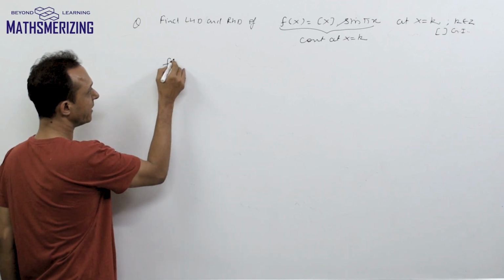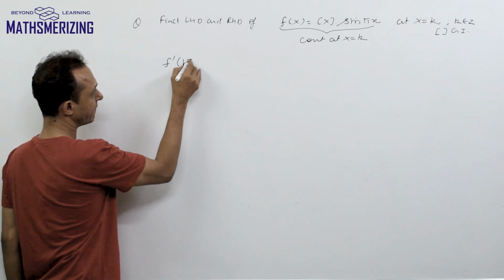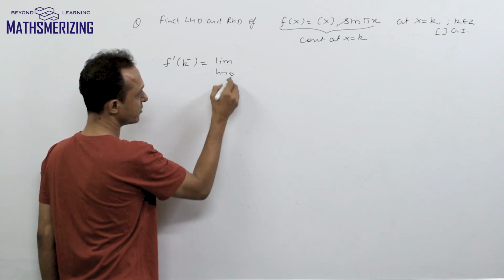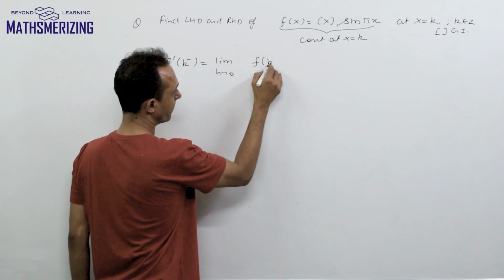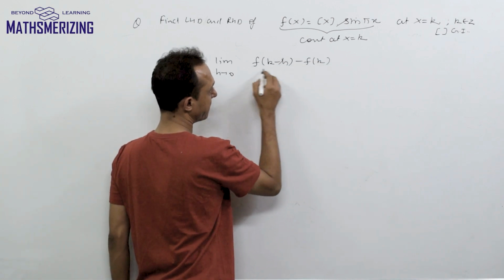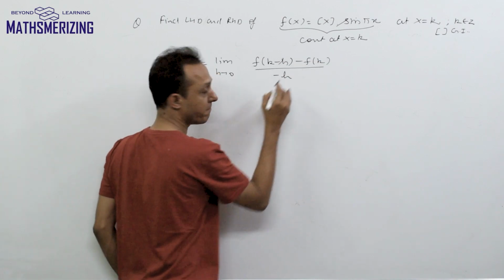Now I need to find its left-hand derivative and its right-hand derivative. So the left-hand derivative at k, f dash k negative, can be written as limit h tends to 0 of f(k minus h) minus f(k) upon minus h.